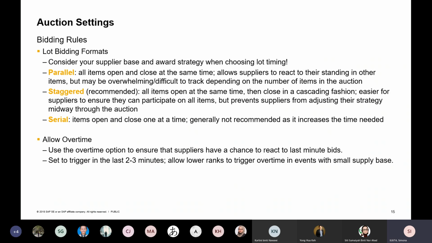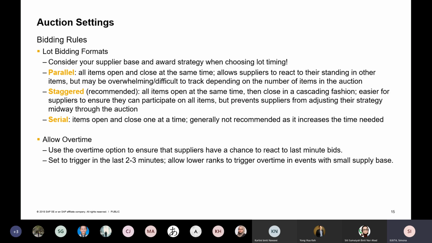And in Ariba, we have 3 different openings: parallel, staggered, and serial. The parallel, staggered, and serial are to be used in the English reverse auctions. The serial opening will always be used for Dutch and Japanese. So in a Dutch and a Japanese auction, you can only use the serial opening of line items.